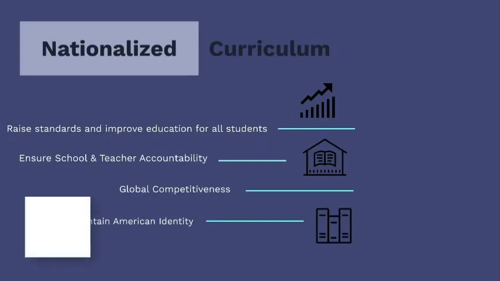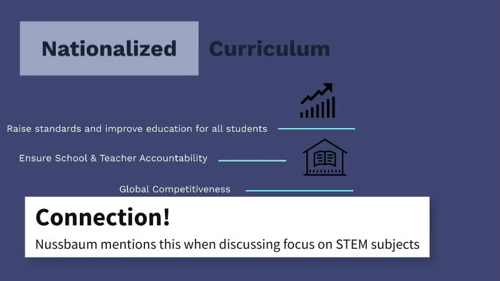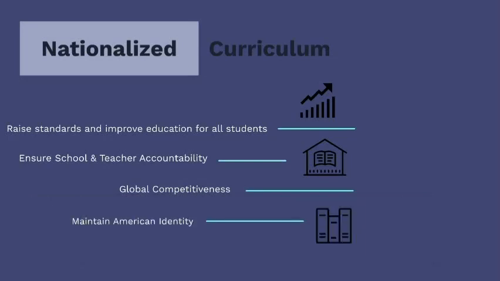Here we can see this idea of global competitiveness as connecting to the ideas discussed by Martha Nussbaum for why there's an emphasis on STEM education recently, that we must focus on STEM because that's what will allow us to be more globally competitive. But remember, Martha Nussbaum did not agree with this. She did not think that this was the best way to go.